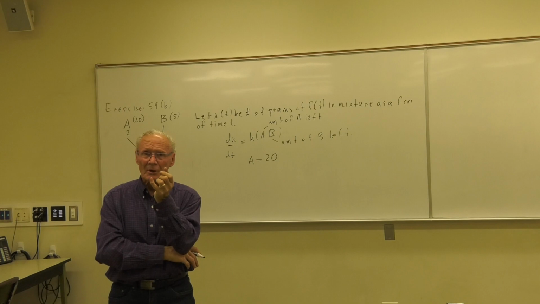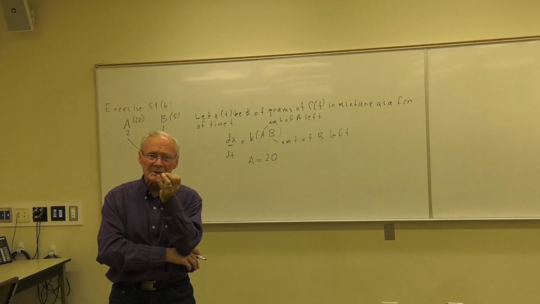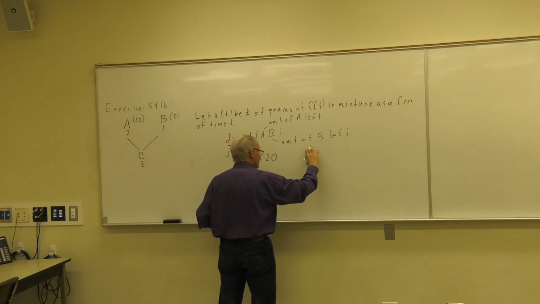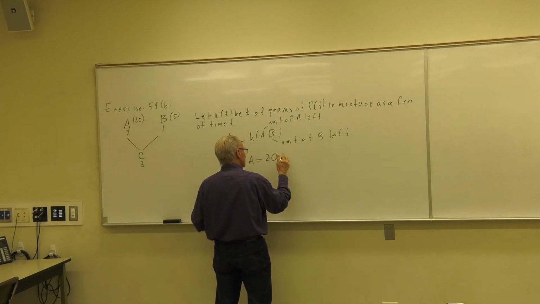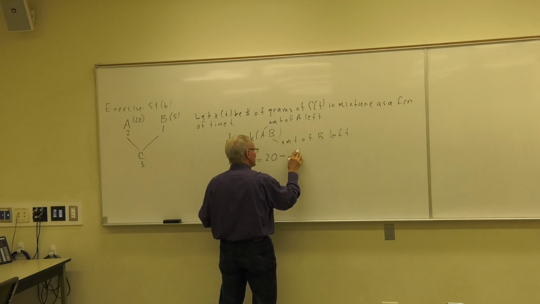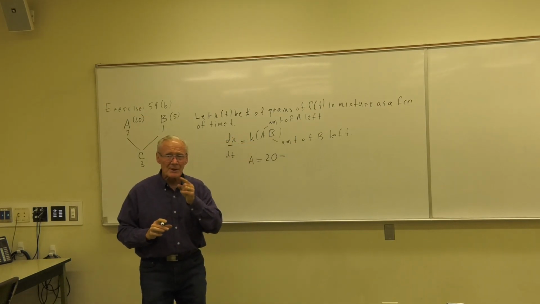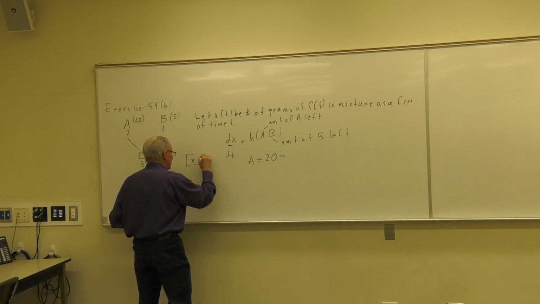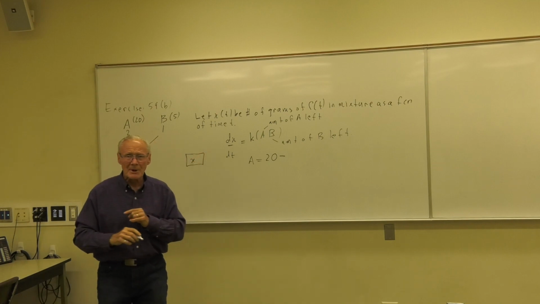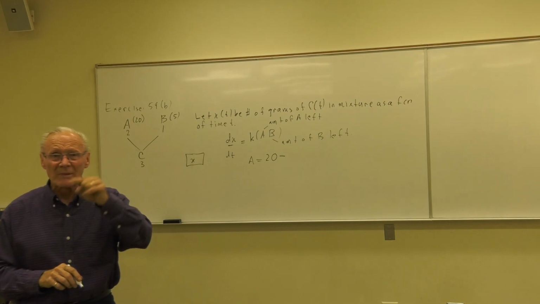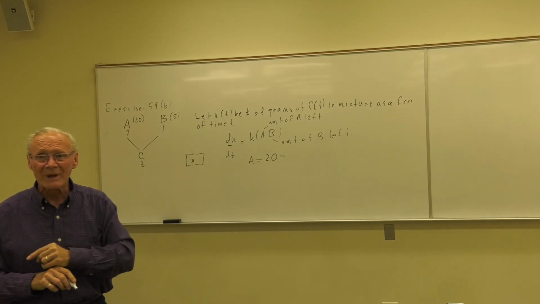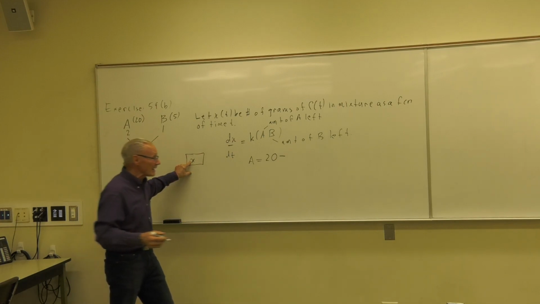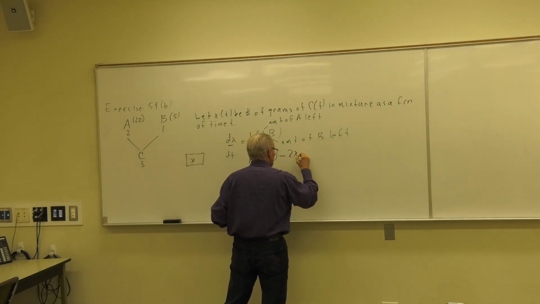Now the question is, what are you going to write for what's used up, right? So this is supposed to represent what's left. This is the original, so you're going to say minus what you used up. Well, think about this. If you've got x grams of C, where did it come from? It came from A and B. How much of it came from A? Didn't 2/3 of this come from A? So what you used up is 2/3 of it.